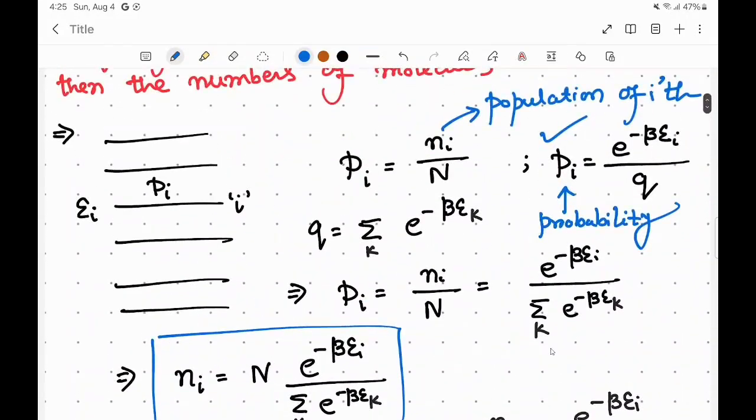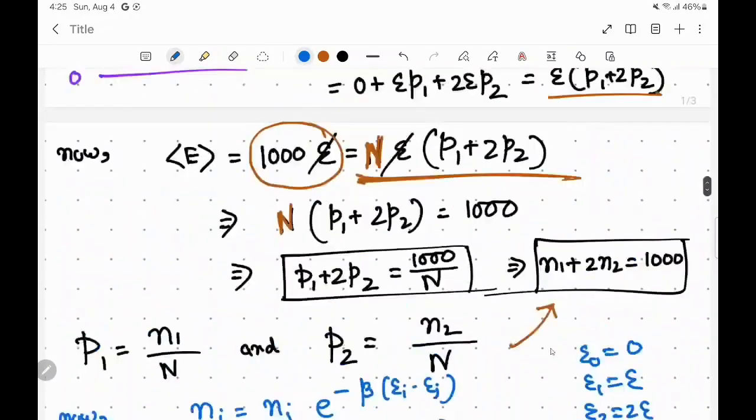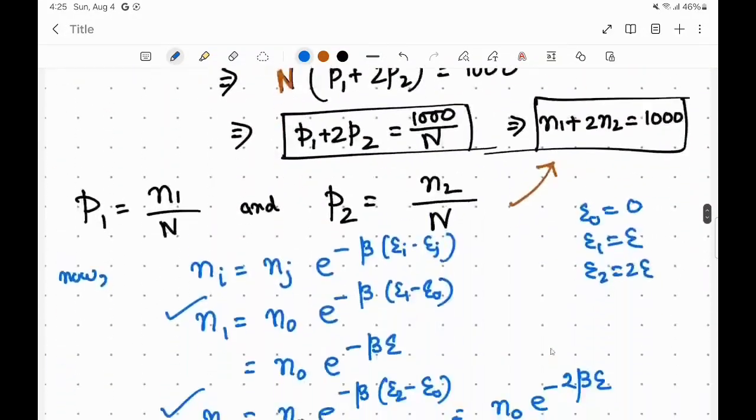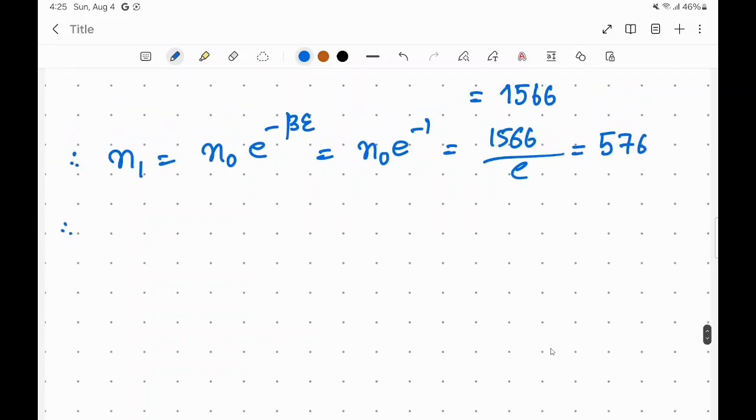This N was the number of particles in the particular energy level, the population Ni. When you divide it by the total number of molecules, why am I getting a fraction? Due to this mathematical problem, doing a numerical exercise, there will be errors. So you have to take the closest value. You will not get exactly an integral value, but it should always be exactly integral, so you have to approximate to the closest integral value.